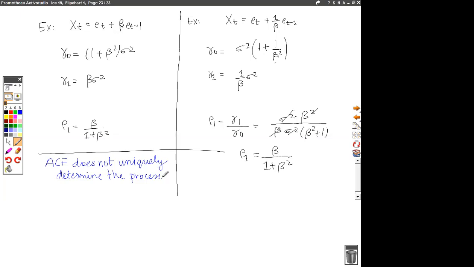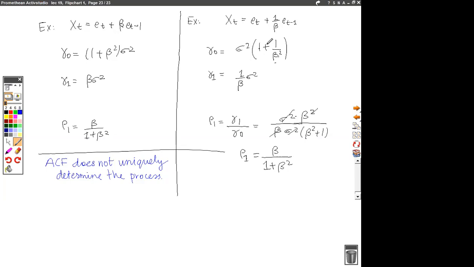So whenever I'm given a sample, let's say I'm working with a time series and I have data with me, I can plot an ACF or a PACF to check, right? But if I plot an ACF here, I still won't be able to determine just by this ACF if my process is this or if the process is this, right?